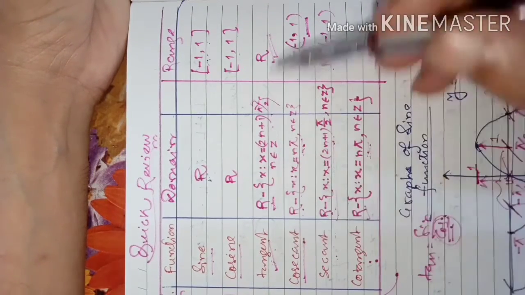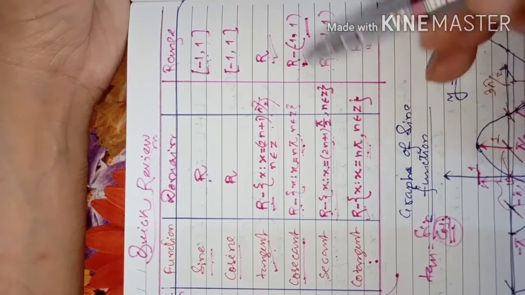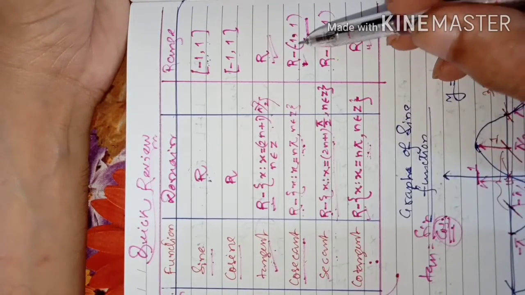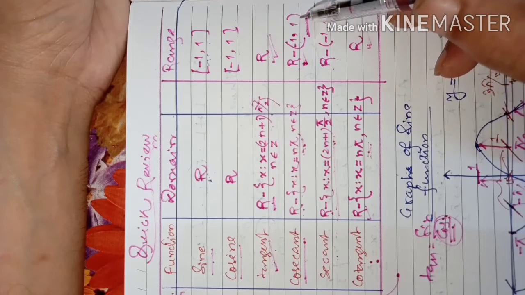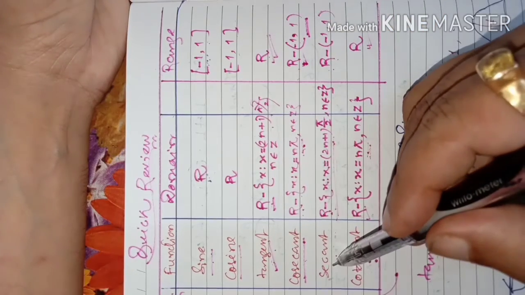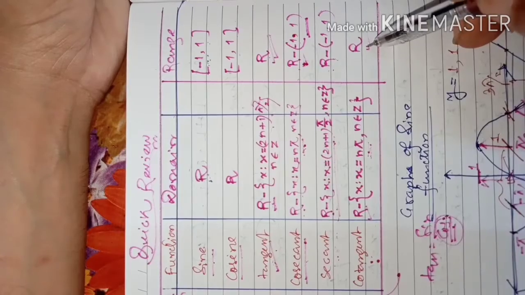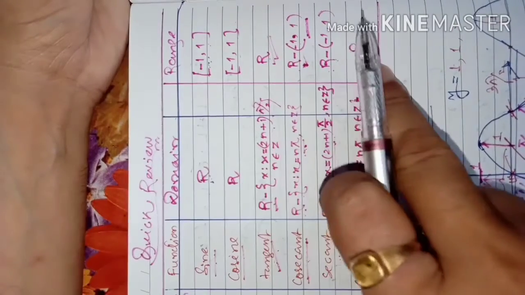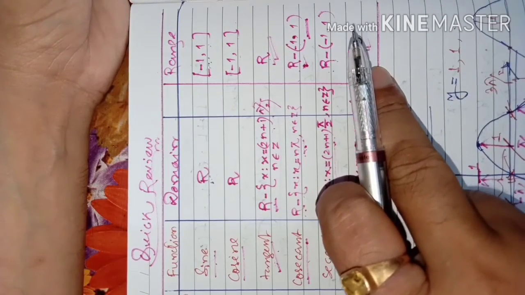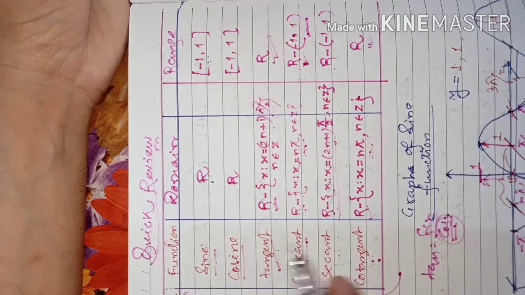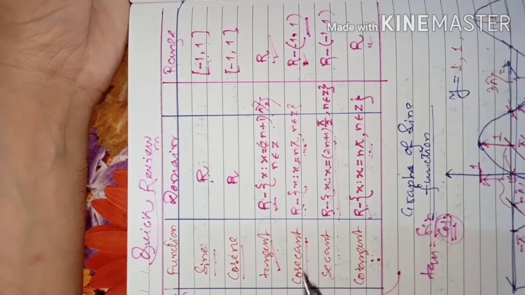For tan inverse, the domain is R, the set of real numbers. For cosec inverse, the domain is R minus the open interval (-1, +1). Then for sec inverse and cot inverse, the domains are these ones. All these ranges have become the domains of the inverse trigonometric functions. Got the idea?